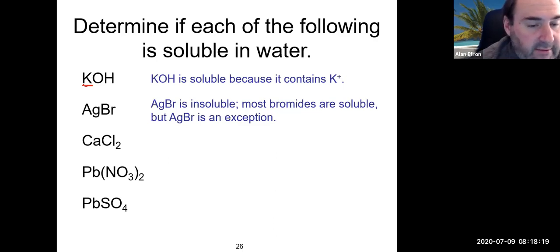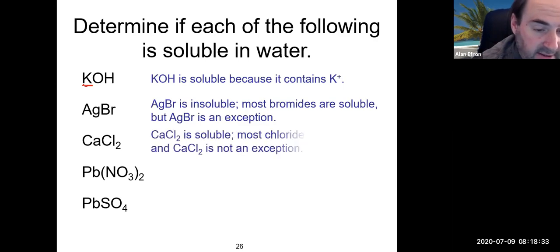On the next one, we have calcium chloride. Here we could look at the chloride, and chloride is soluble in everything except for silver, lead, and mercury 1. In this case, that does not appear to be in there since it's with calcium. So we would expect it to be soluble because of that.